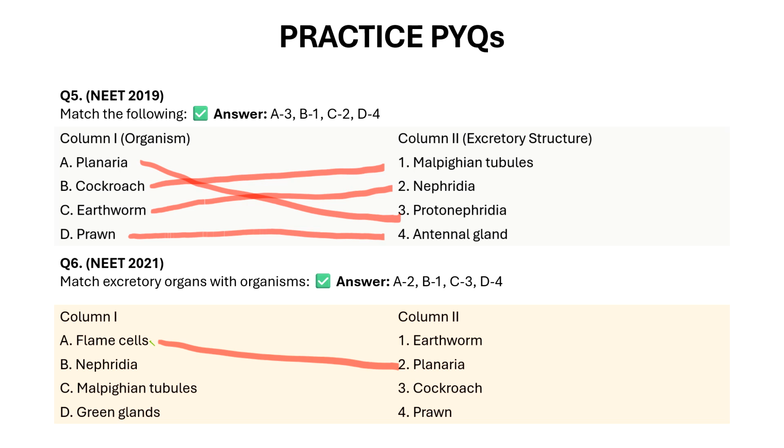We know it is found in annelids, so it will be earthworm. Next is Malpighian tubules. Malpighian tubules, insects, you can say cockroach. Green glands, otherwise antennal glands, are found in the prawn. Very easy, so you need to remember it. So now you know how you should prepare from a PYQ perspective.